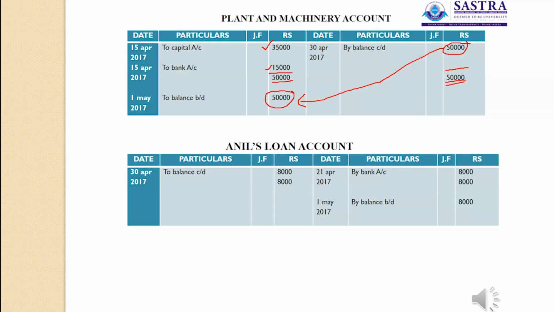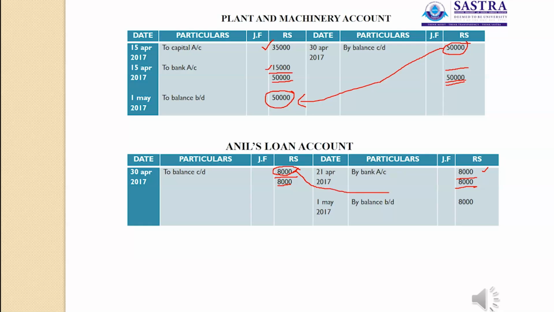The next one is Anil's loan account. Anil loan account, 21st April 2017, by bank account rupees 8,000. There are no other transactions here, so the account is closed at 8,000. So the balancing figure is 8,000. On 30th April 2017, the balancing amount is 8,000.